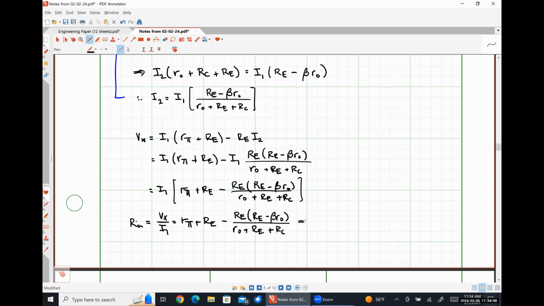And then this next bit comes from me just manipulating this expression, skipping a couple of steps. We wind up getting R pi plus (1 plus beta) RE R naught divided by (R naught plus RE plus RC).